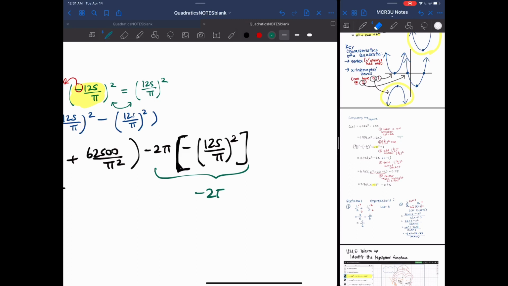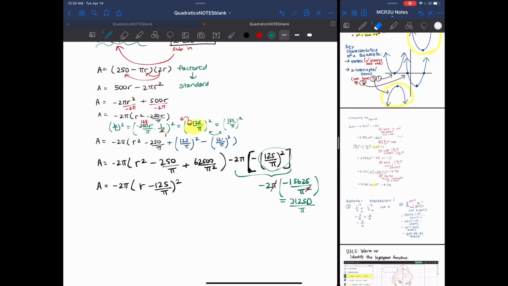I have negative 2 pi times 125, so that's going to be negative 15625 over pi squared, because basically this would have been all positives, but then there's a negative there, and so that's why. There's parts that cancel out, and this would be 31250 over pi.